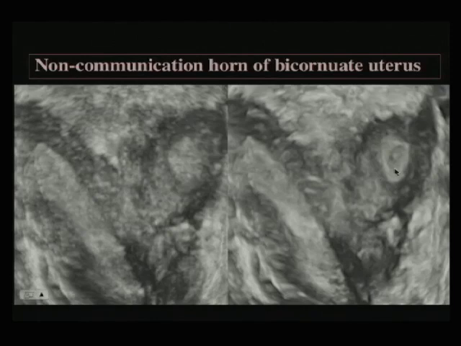This is the same case showing you that little cavity over here with that rudimentary horn, which is not connected to the rest of the uterus. So this is a complex malformation of the uterus, which places the patient at risk for having complications of pregnancy, and certainly an ectopic pregnancy might reside in here and be at risk for rupture.